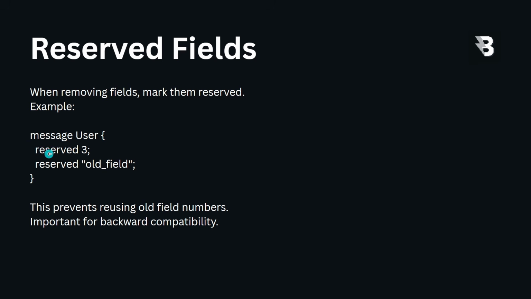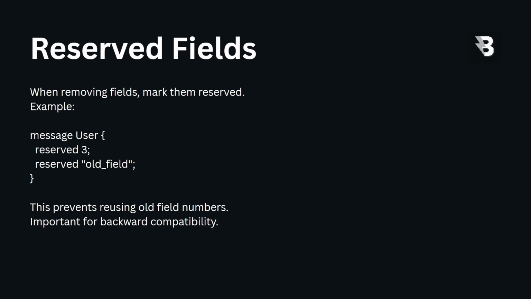You can just mark them as reserved, so other places still have it, but then you introduce new fields as well. And like it says, this prevents reusing old field numbers, and it is important for backward compatibility.